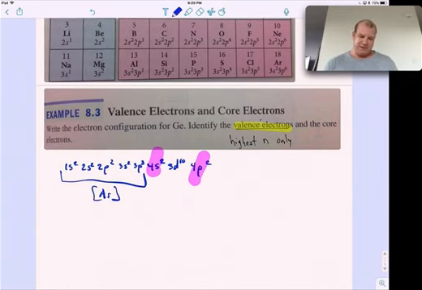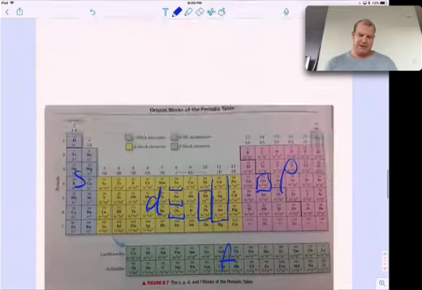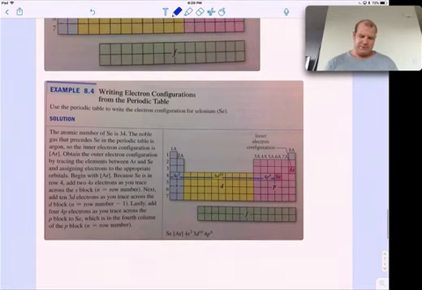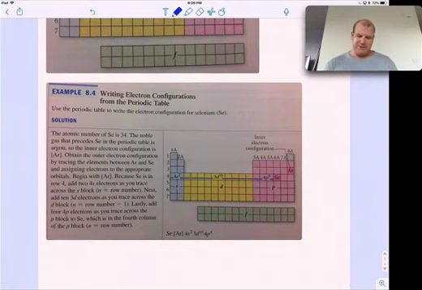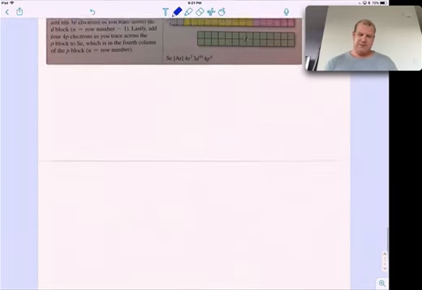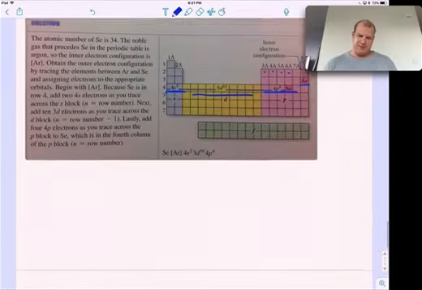You can't say this is zinc's configuration, so it's zinc 4p2. No, don't do it that way. It only works for noble gases, so you can do a shorthand that way. So selenium is argon's configuration, then 4s2, 3d10, 4p4. That's 1, 2, 3, 4 for selenium. So that's how you do it with the periodic table.